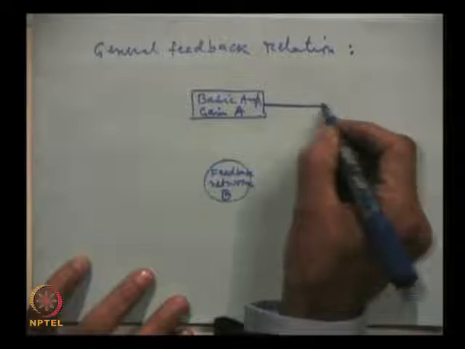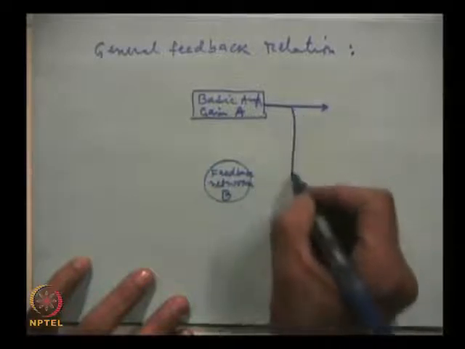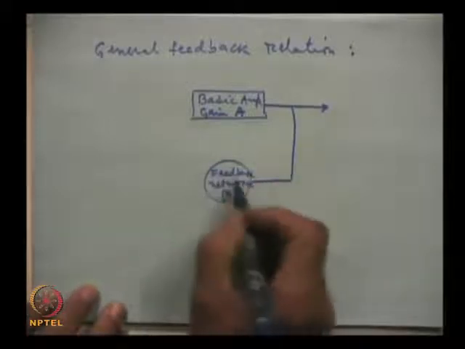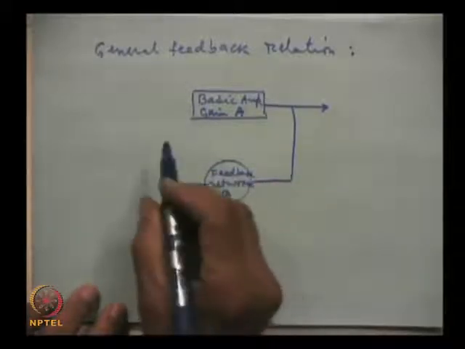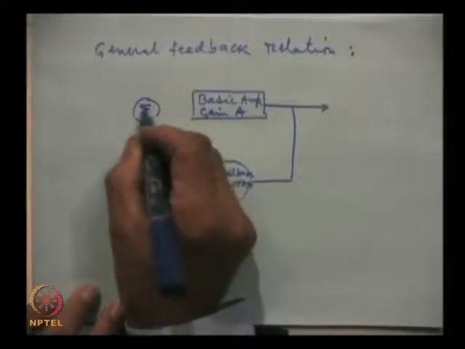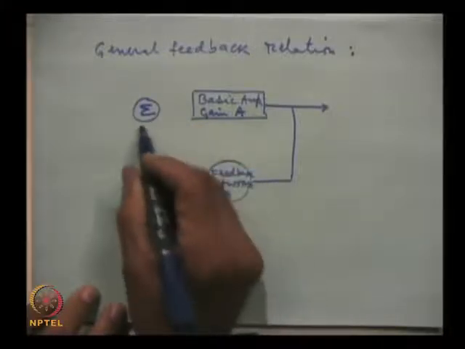And here this is the output, a fraction of which is taken by this network to be fed back. This is the point which we call the summation of the two.